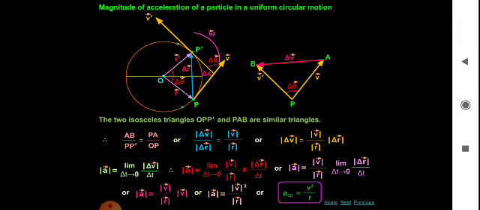Centripetal acceleration becomes V square by R. Its direction is towards the center, hence it is called centripetal acceleration.